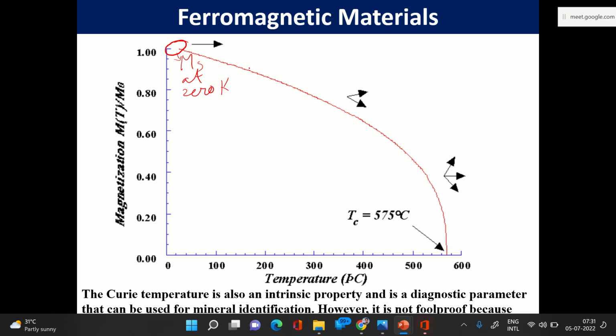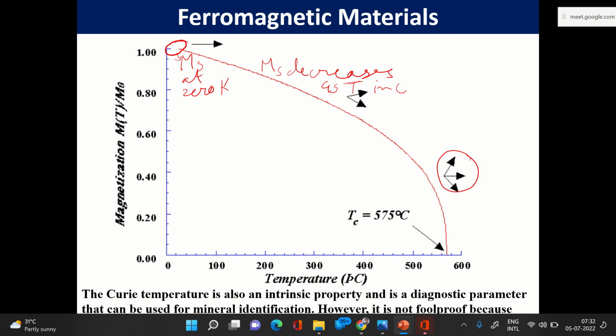Okay, and this Ms decreases as temperature increases. As the temperature increases, it keeps decreasing.